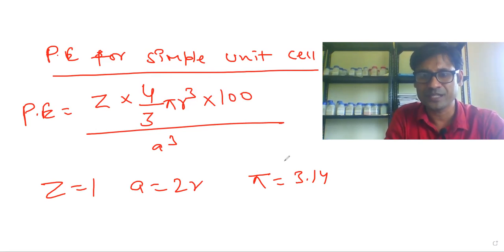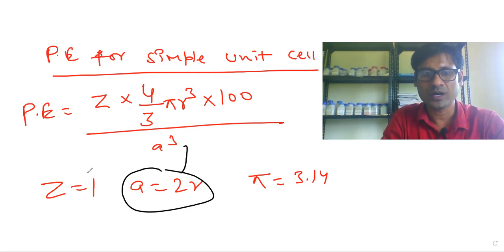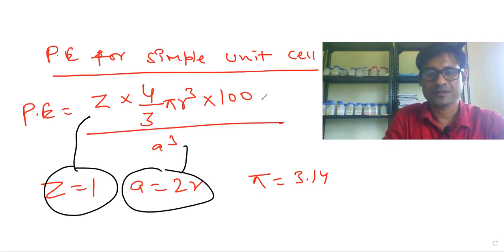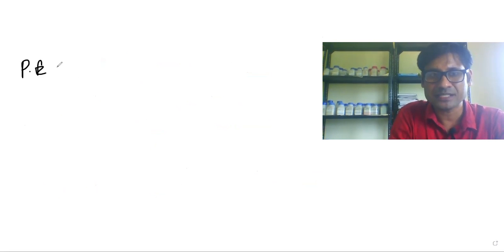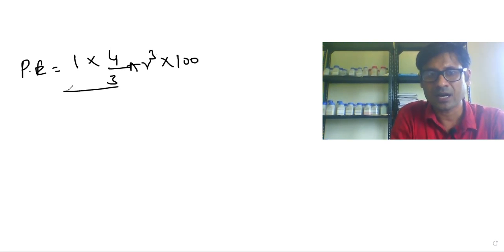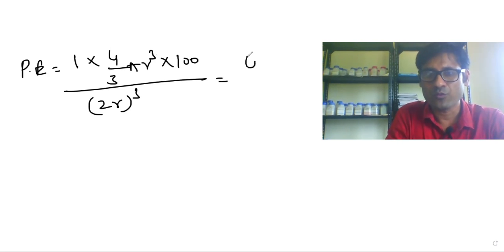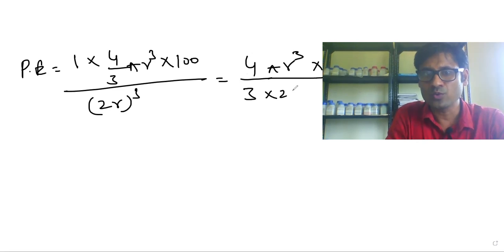Putting these values in, we get packing efficiency is equal to 1 into 4/3 pi r cube into 100 upon (2r) cube, which is equal to 4 by 3 pi r cube into 100 upon 2 into 2 into 2 into r cube.